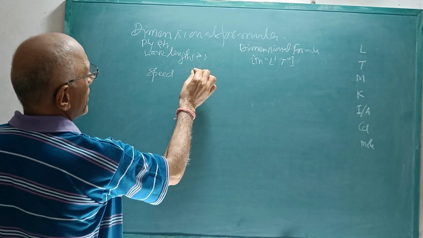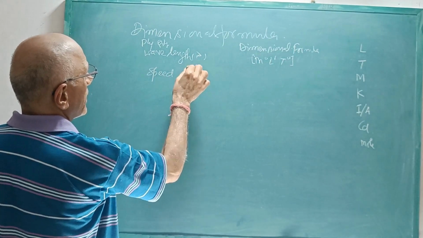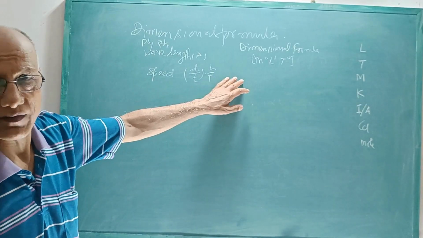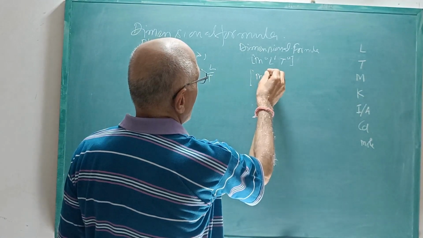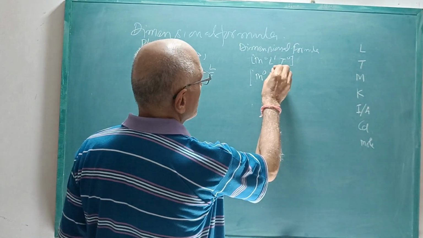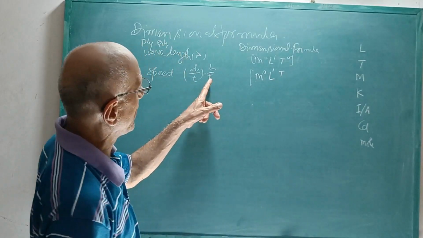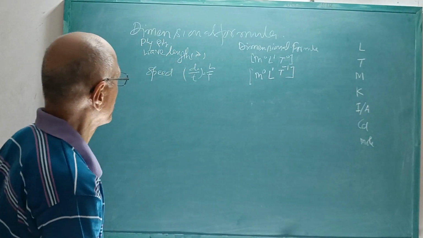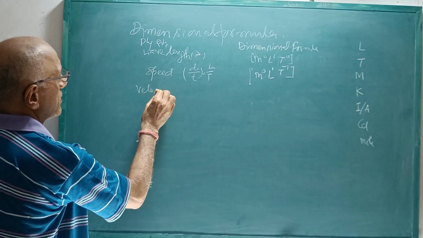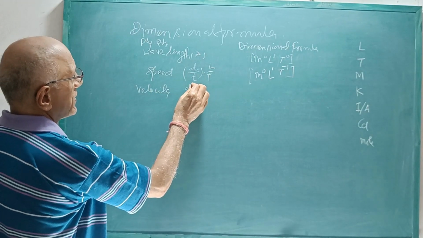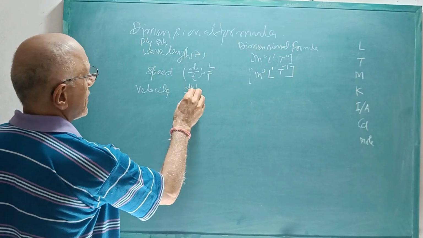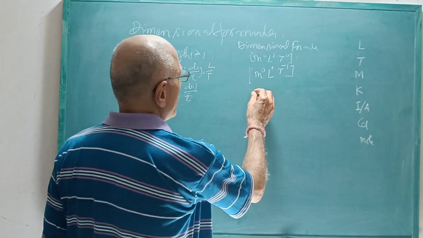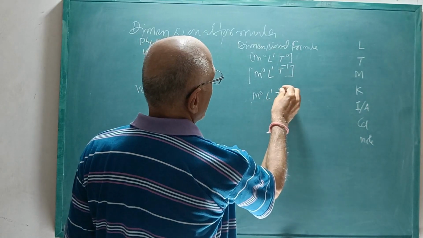The speed is distance upon time. Distance is nothing but length, upon time. So the dimensional formula will be: mass is not being used, length is being used once, and time is divided by, so this is minus 1. Then velocity. Velocity is displacement upon time. Displacement is again length. So here it is again M0 L1 T minus 1.